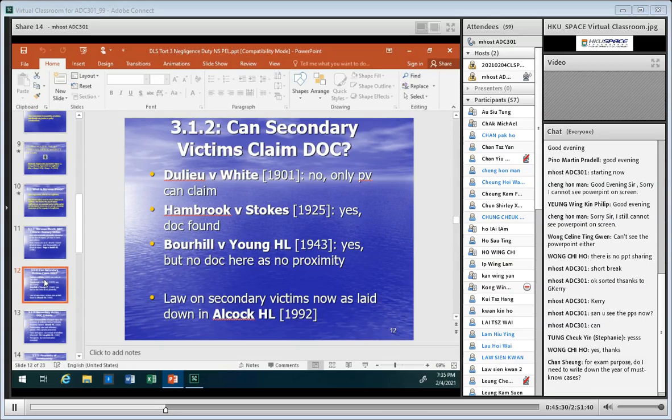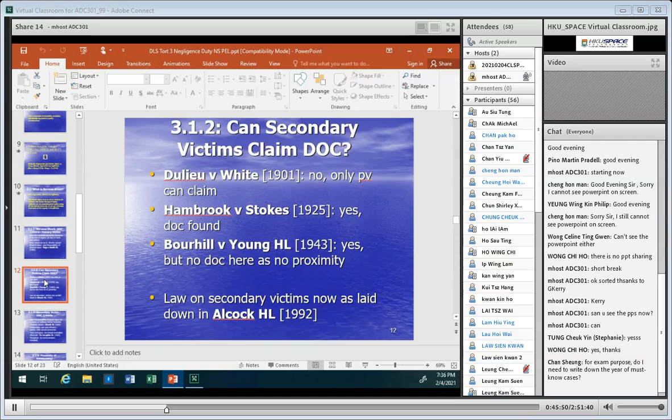The question I asked with the first three cases, indeed Alcock, is a secondary victim owed a duty of care? Okay, well, Dulieu and White in 1901 says no, secondary victims cannot claim for nervous shock, full stop.